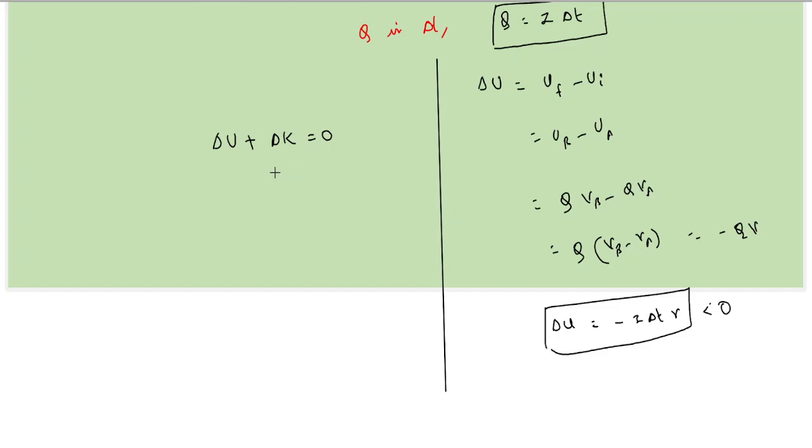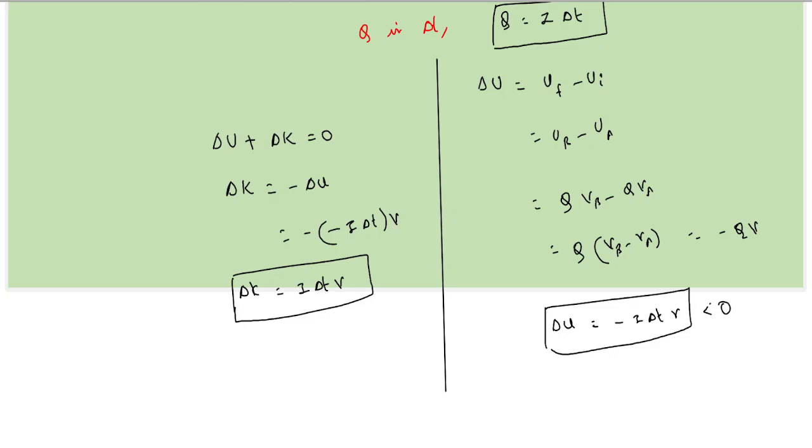This would imply that delta K, the change in kinetic energy, is equal to minus delta U, which is minus of minus I delta t V. Therefore delta K is I into delta t into V. So this is the change in kinetic energy.